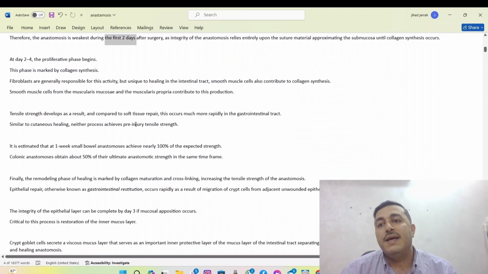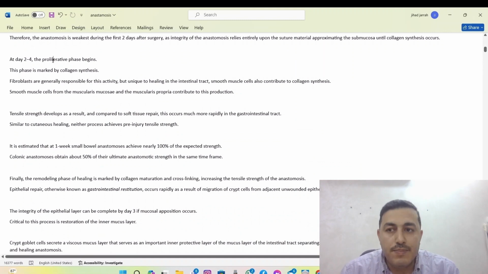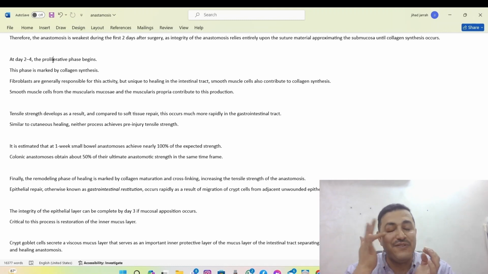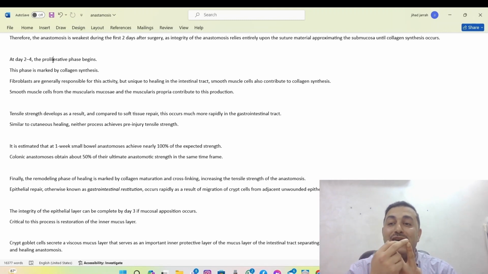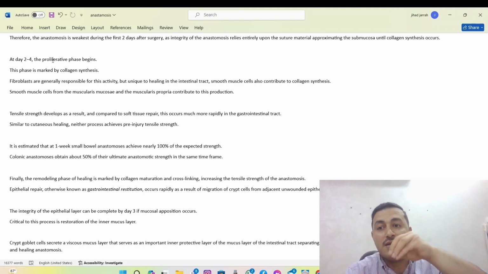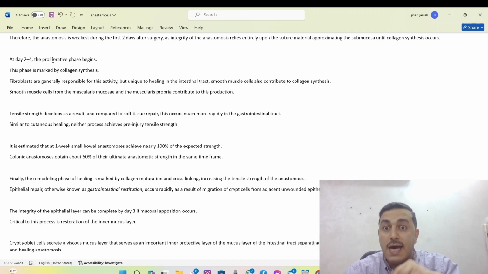On day 2 to day 4, we have the proliferative phase. In the proliferative phase, actually, we have two important things. In this phase, we have the fibroblast, which is the predominant cell, and this is the main cell that produces collagen, only in the skin.